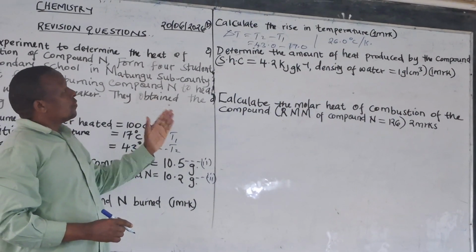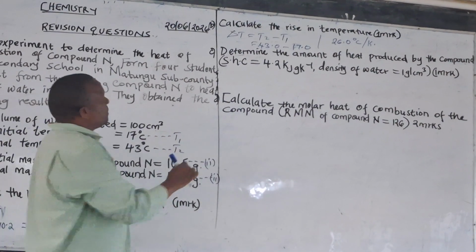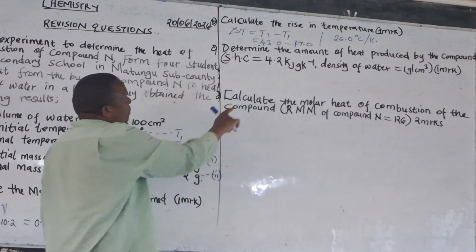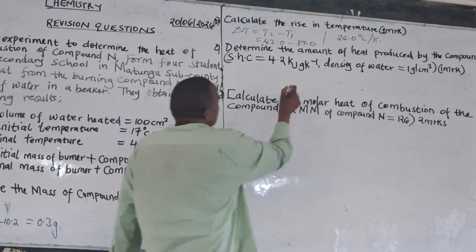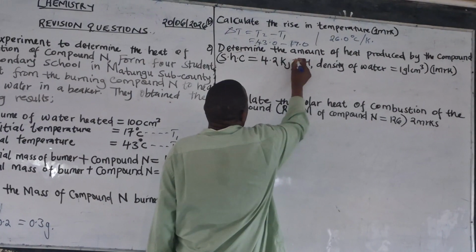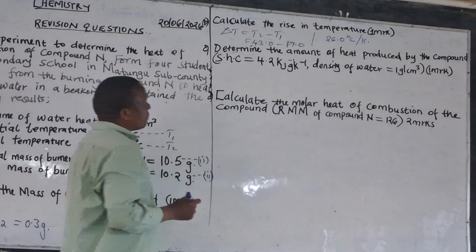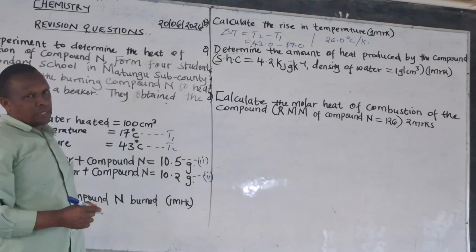Determine the amount of heat produced by the compound. Specific heat capacity is equal to 4.2 kilojoules per gram per Kelvin. Density of water is 1 gram per cubic centimeter.